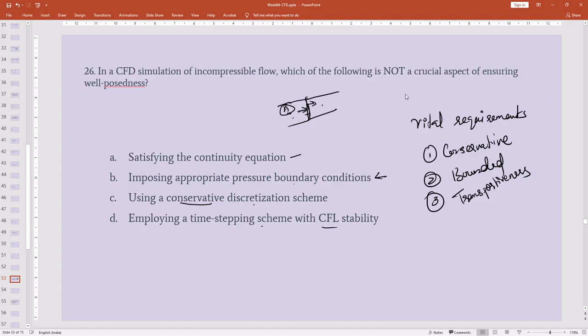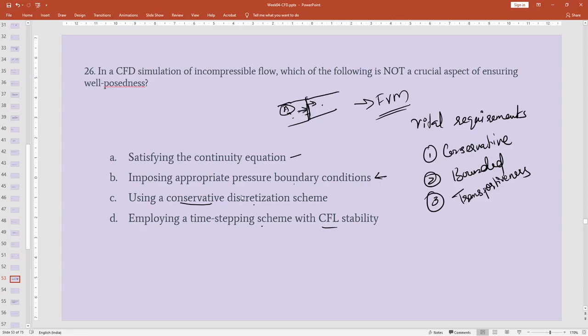And the finite volume scheme, FVM, as we know, is integrated over the domain, so it is inherently conservative. A conservative discretization scheme means there should not be any numerical jump or numerical value loss between the boundaries.